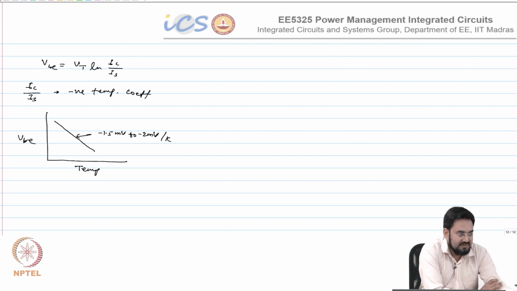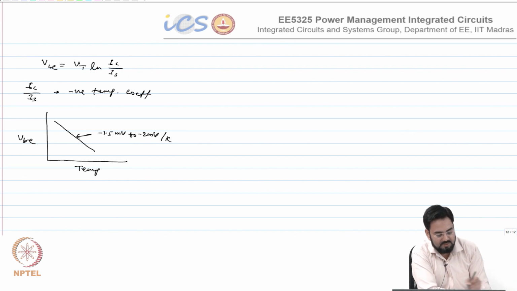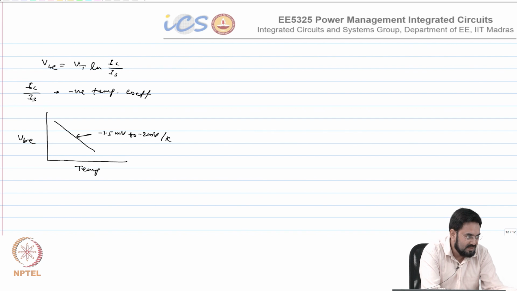That is the slope. It comes from the process itself. Different processes might show some variation, but usually it remains within that. When you do your simulations, you can find that number by plotting VB across temperature.